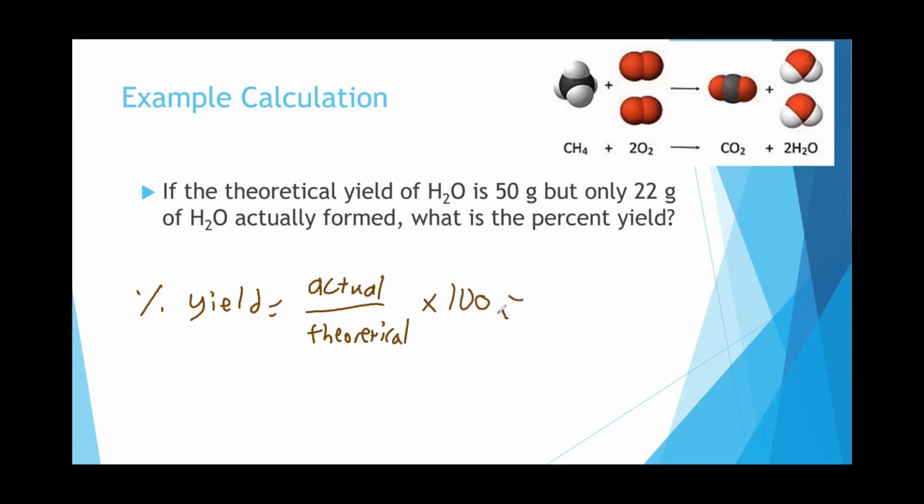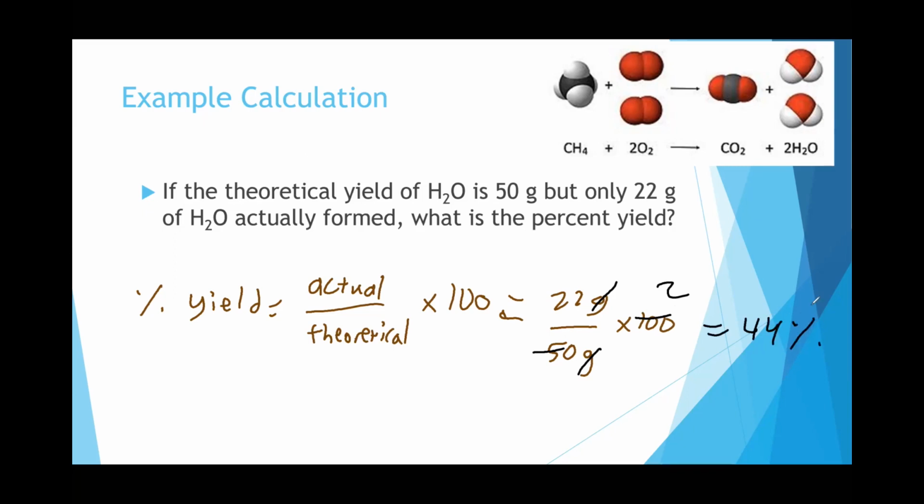So the hardest part is getting the right number. So the actual is 22 grams. The theoretical is 50 grams, and you multiply it by 100. Notice you could do some arithmetic: 100 divided by 50 is 2, so 22 times 2 is 44%. Or you could just use a calculator. Either way is fine.